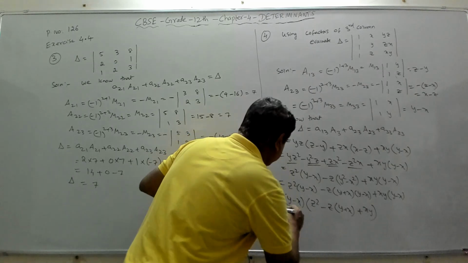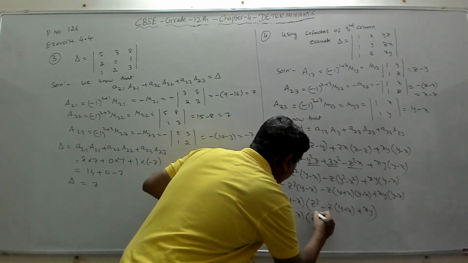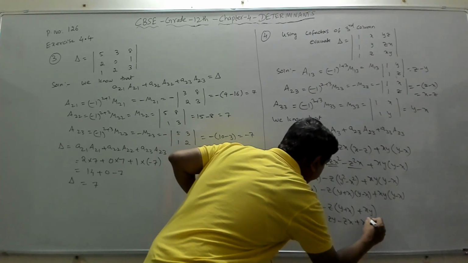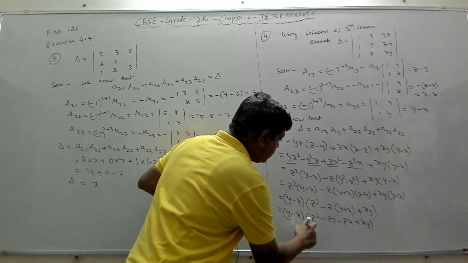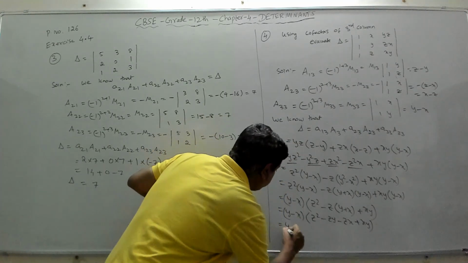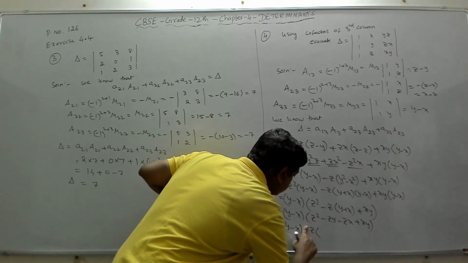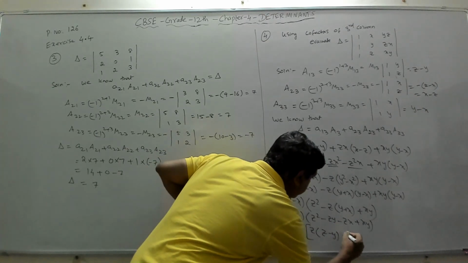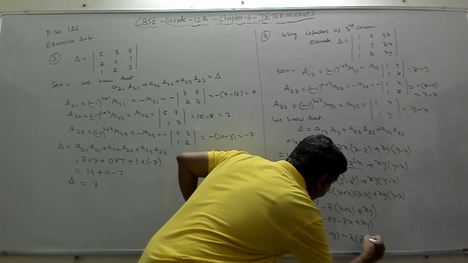And we have taken y minus x common from all these three. Then what do we get next? That is equal to y minus x into z square minus zy minus zx plus xy. Now again, if you observe here, if I take z common, y minus x into, if I take z common, then I'll get z minus y, then minus, if I take minus x common, I'll get z minus y.